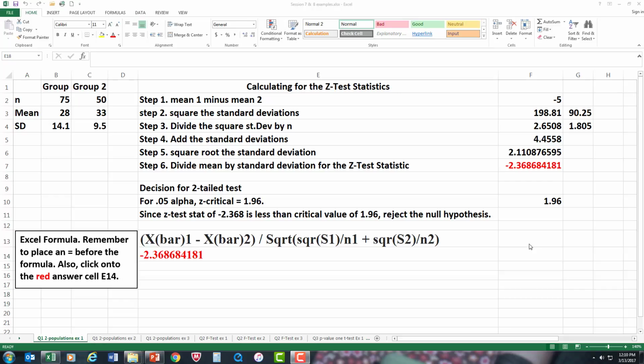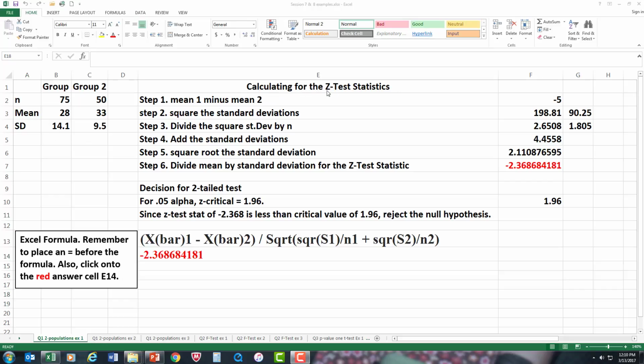Alright, now, for question 1, which is hypothesis testing with two populations, first you've got to ask yourself, is the standard deviation known or unknown? If it's known, especially when you have summary data like this, it is known.